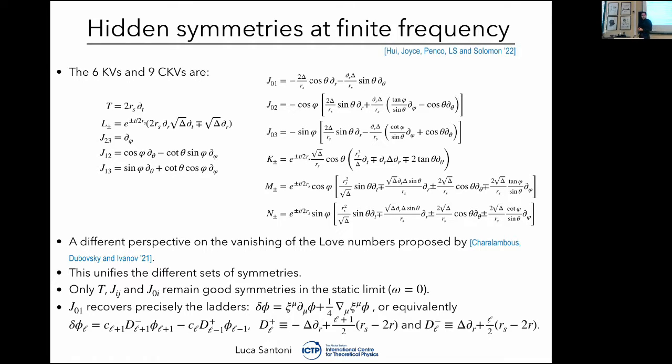You can interpret these operators as some ladder in omega. They generate solutions at finite omega, which in principle brings you outside the regime of validity of the approximation. Just to mention that this J01 is the ladder symmetry that I told you before.